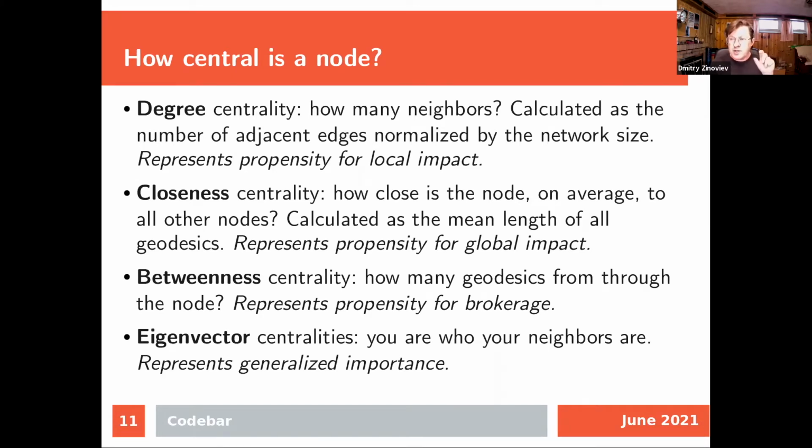You can suppress this message or you can propagate this message. The more geodesics go through a node, the more powerful is the node. Finally, eigenvector centrality basically says you are who your neighbors are. In other words, tell me who are your friends and I'll tell you who you are. And it usually measures or represents the generalized importance of the node in the network.